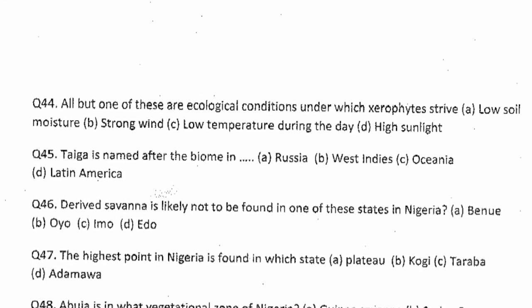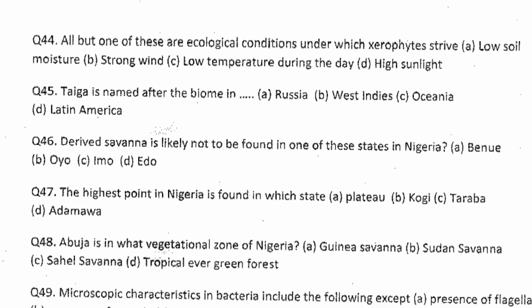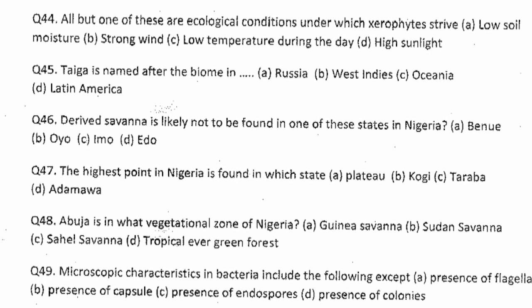Question 44. All but one of these are ecological conditions. When they say all but one, they're asking you which of them is not. All but one of these are ecological conditions under which xerophytes thrive. Now, xero means dry.